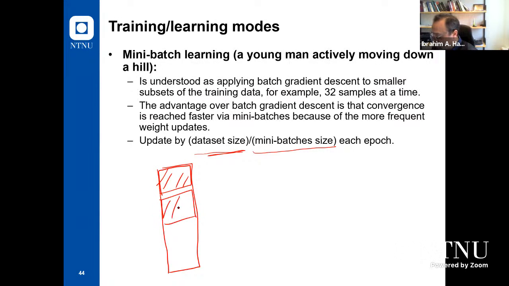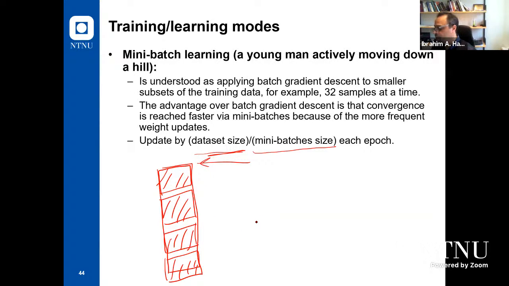We will work with mini batches, and the mini batch size depends on your memory size, in fact. Maybe you start first with batch gradient, and your computer may crash, for example. In this case my memory has a problem, and it's better to use mini batches.